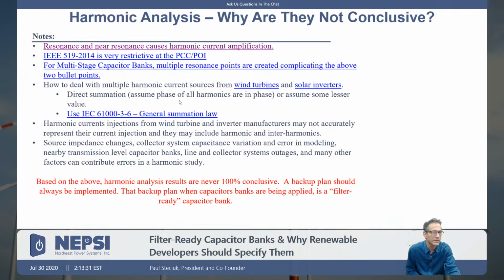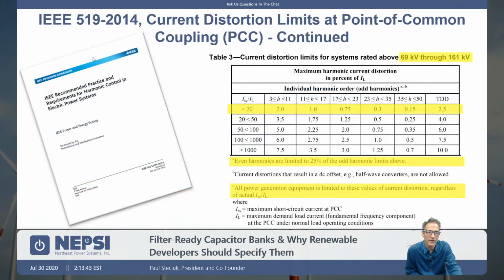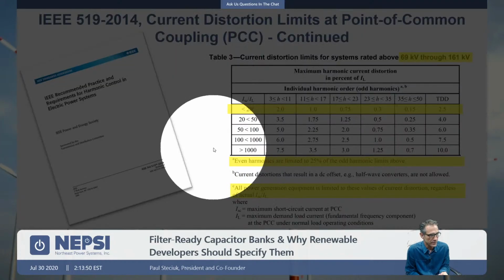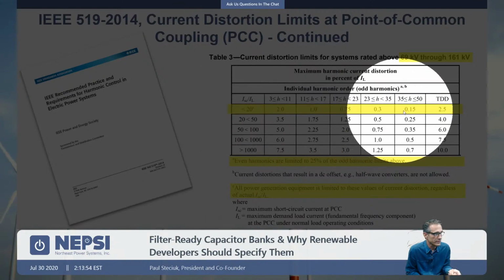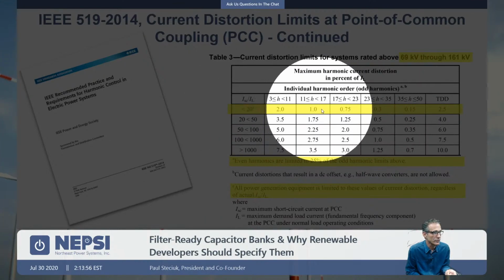me return back. So let's talk about IEEE 519 limits. The IEEE 519 limits are very restrictive. If I were to go look at the IEEE 519 limits, the first thing you note is that we are in this row here, and this is the most restrictive row.